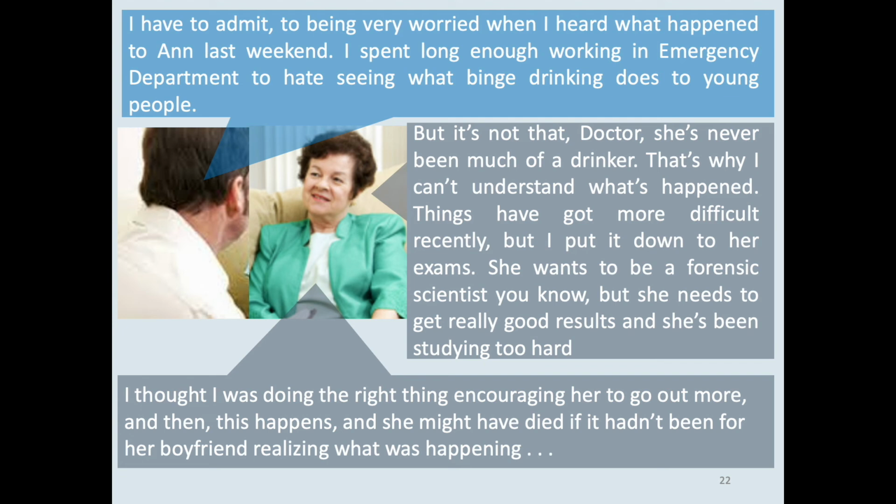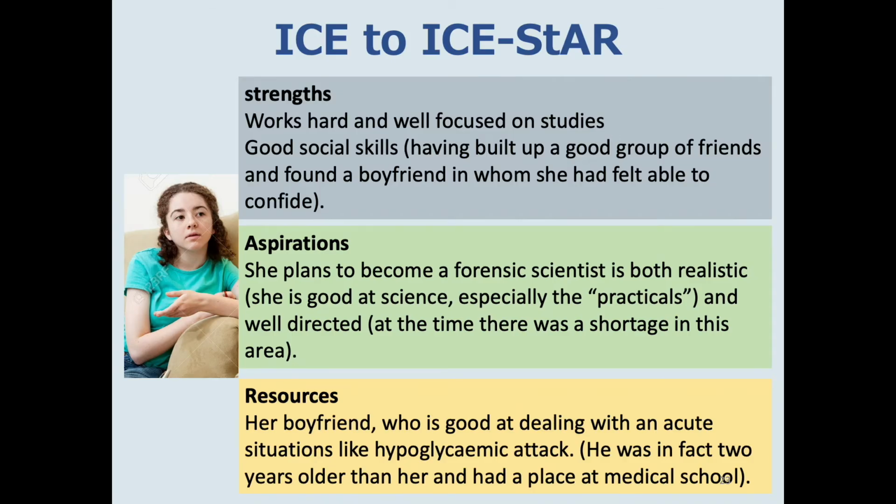As physicians, we tend to find problems or negative values in patients as we need to fix them. But it is important to elicit the positive values as it will help us in the management. Physicians should utilize the positive values for patient management. So these are the positive values of Anne according to the conversation. Her strengths are she works hard and is well focused on studies, and she has good social skills, for example, having built up a good group of friends and found a boyfriend in whom she had felt able to confide.